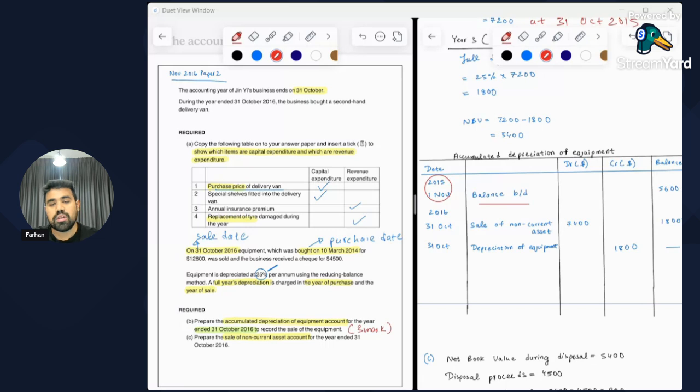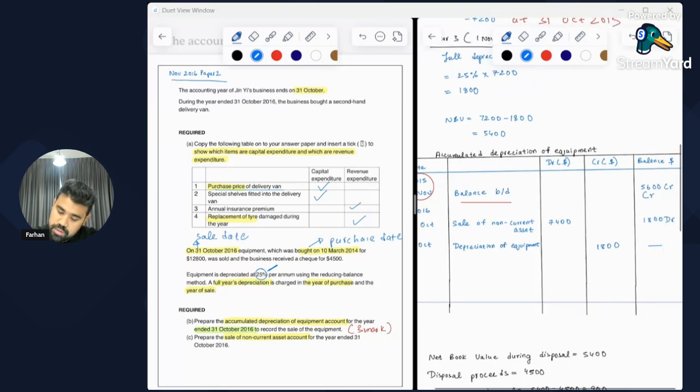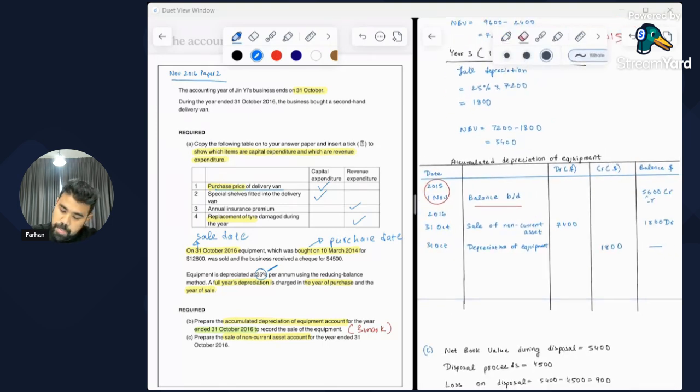And the accumulated depreciation account, being a contra asset account which records the reduction, has to have a credit opening balance by default, which is what we are including here. So 5,600 credit is the opening balance that we have shown here.